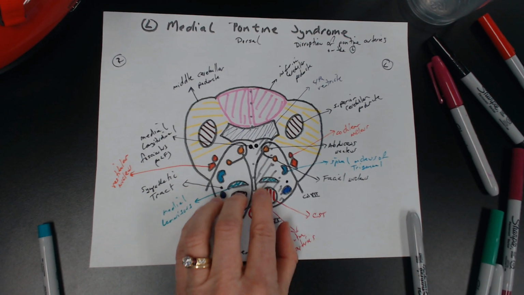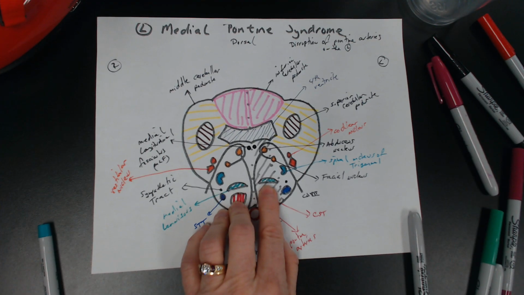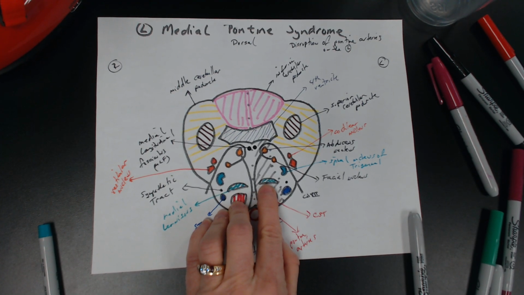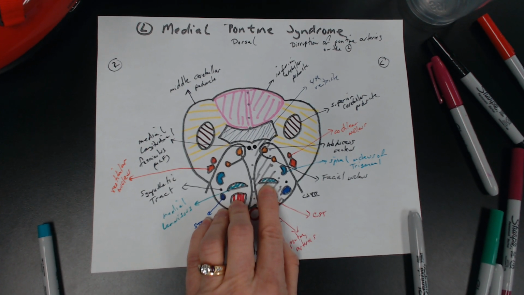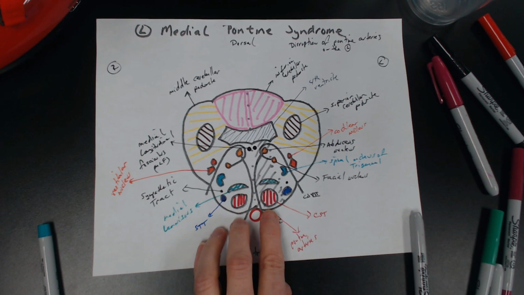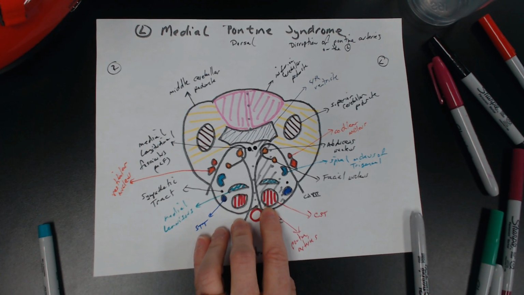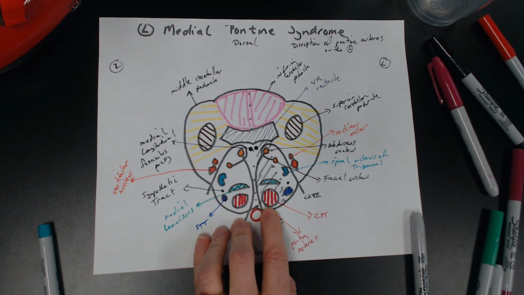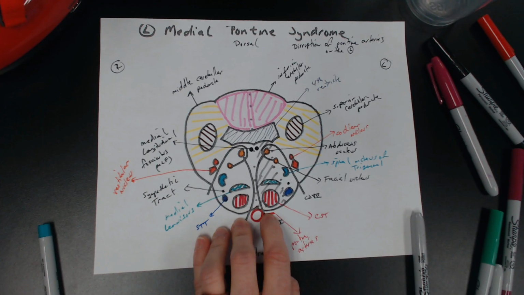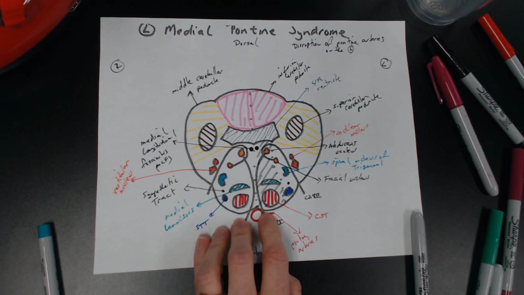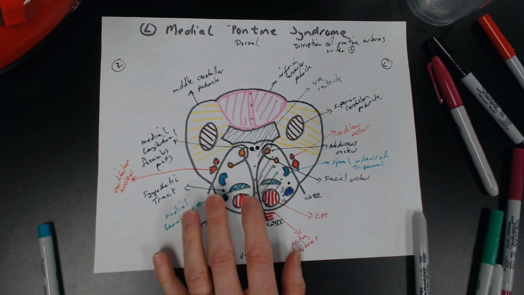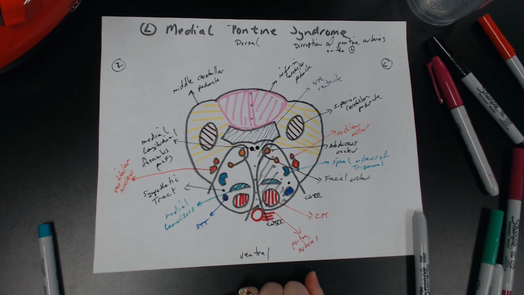Coming on down, medial lemniscus is going to be affected. Problems perceiving vibration, proprioception, and fine touch, as well as the corticospinal tract is going to be affected. That's going to present with weakness. And that's medial pontine syndrome. Medial pontine syndrome is disruption of the pontine arteries here on the left.